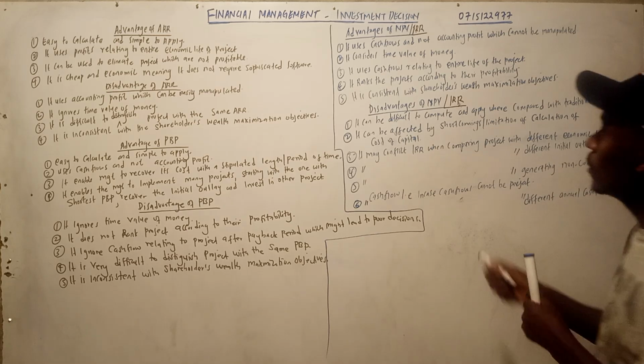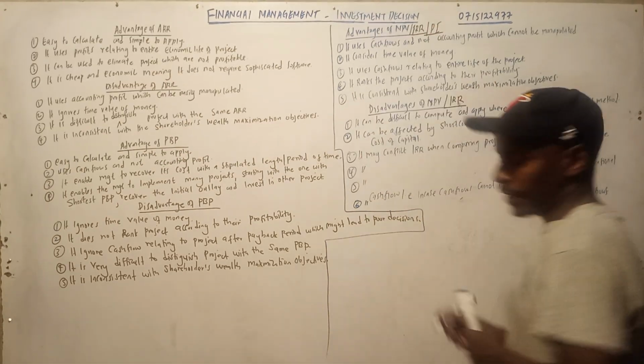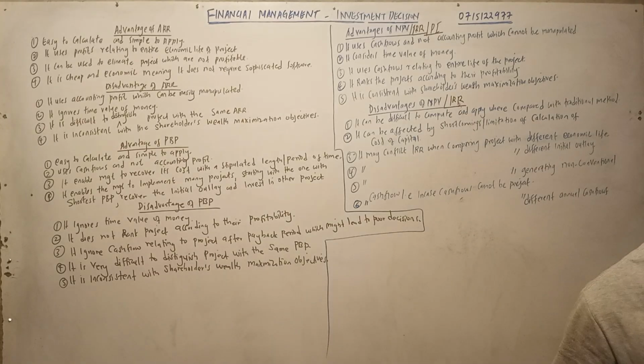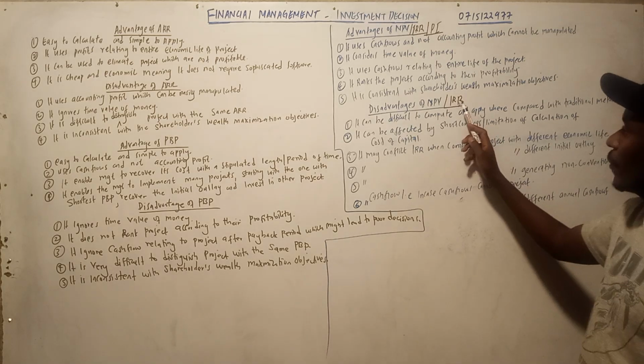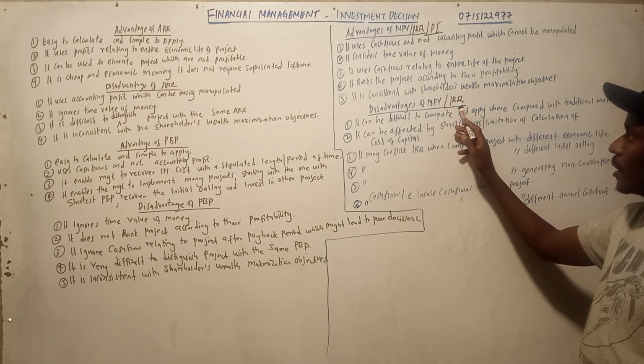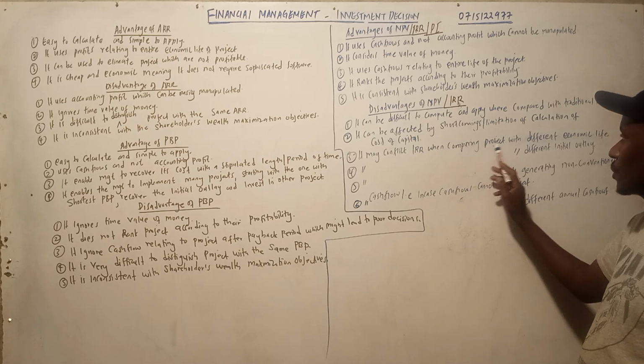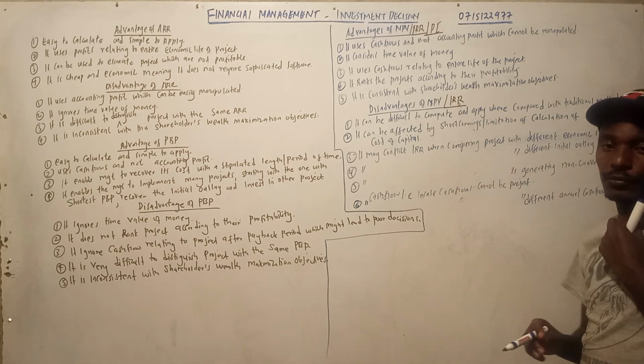PI also. The advantages of PI are the same as IRR. For example, for the disadvantage of IRR here, it may conflict with NPV when comparing projects with different economic life.